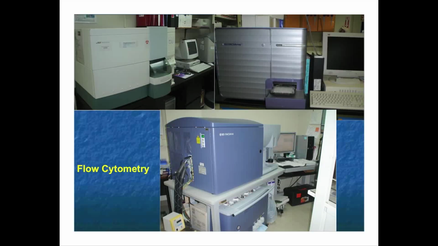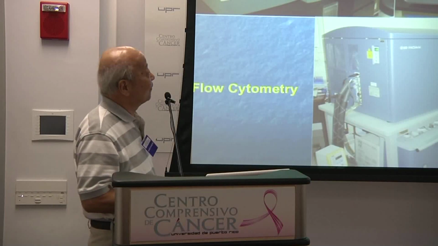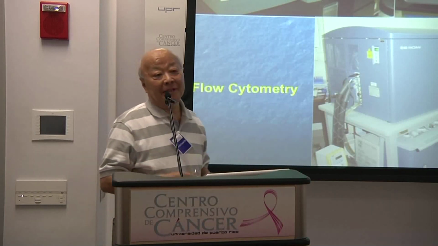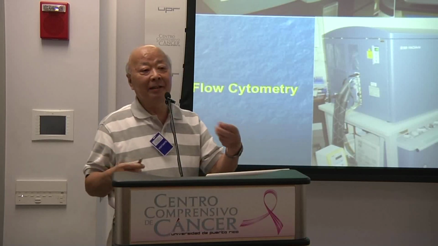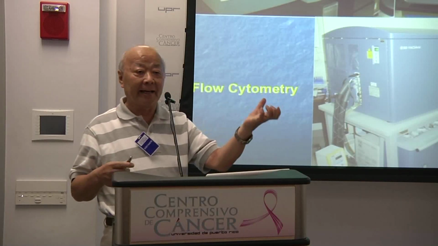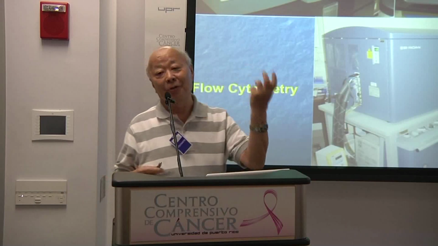We have now 3 flow cytometers, FACSCalibur 4-color, and FACSArray 4-color. These are bead capture methods. So you can capture these protein or DNA, RNA on the beads and quantify.